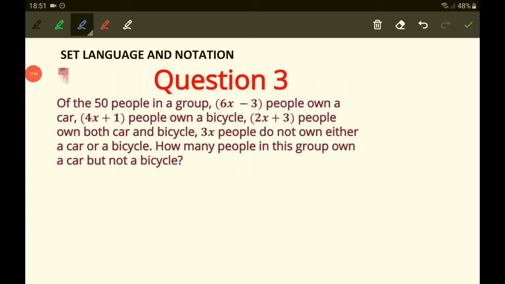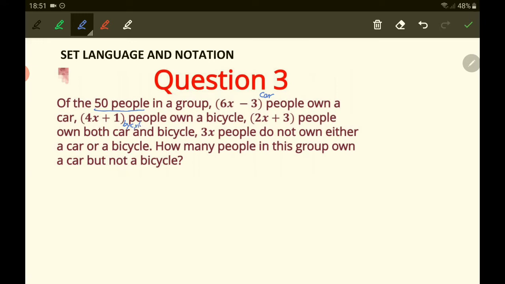Okay, now we are in question number 3. Okay, this is the question. Of the 50 people, this is the total number of people. 50 people in a group, 6x minus 3 people own a car. So this is car. And then 4x plus 1 own a bicycle. So this is bicycle.